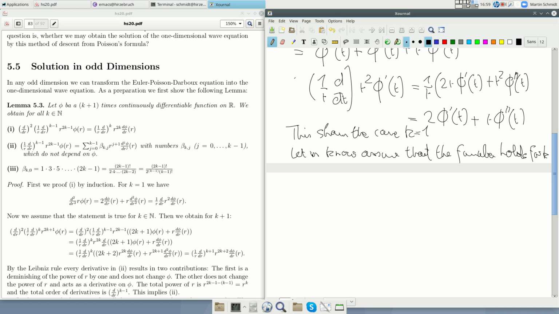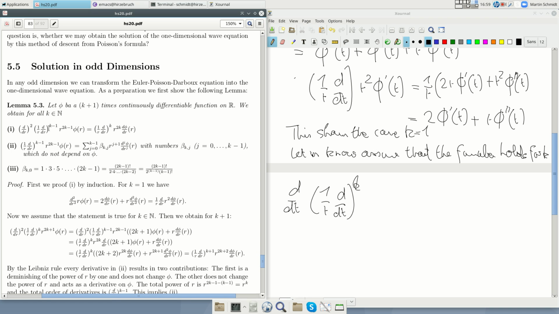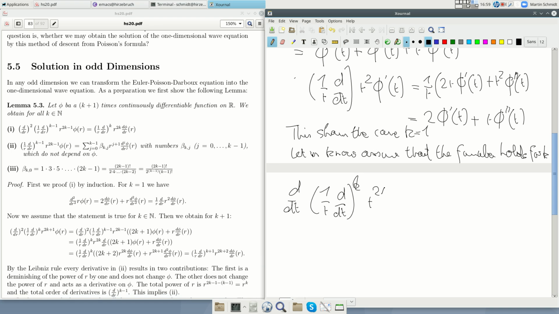Now we want to prove it for k plus 1. What we do, then we have d by dr, 1 over r, d by dr to the power of k, since k minus 1 plus 1 is k, r to the power of 2k plus 1, phi of r.